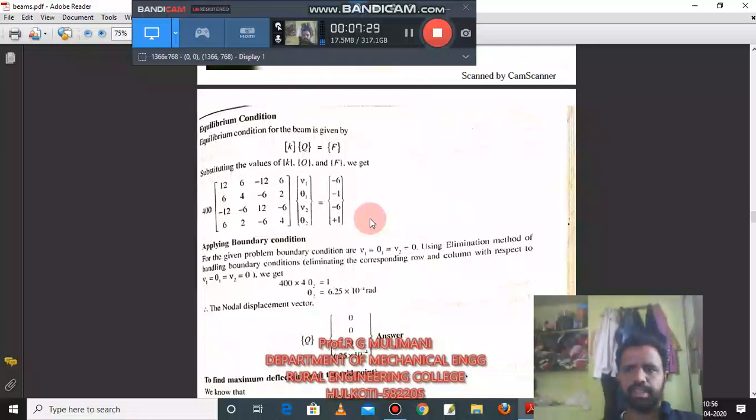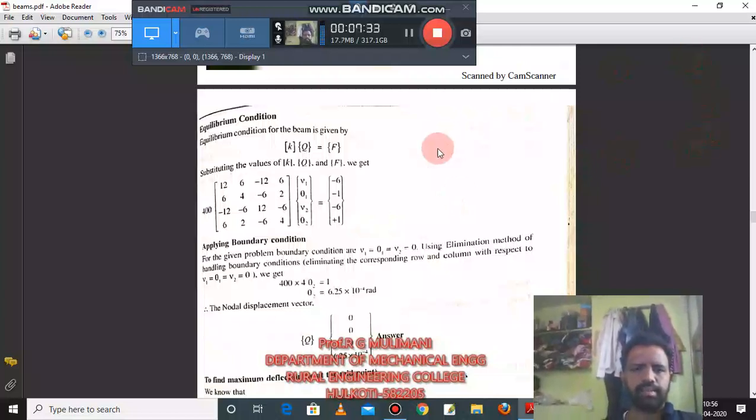Roller support means it can have only slope or rotation. There is no vertical displacement. So V2 is also 0. So third row third column can also be deleted. So what is left here? This 4 and theta. 400 into 4 theta is equal to 1. By this you will get the theta 2 value.